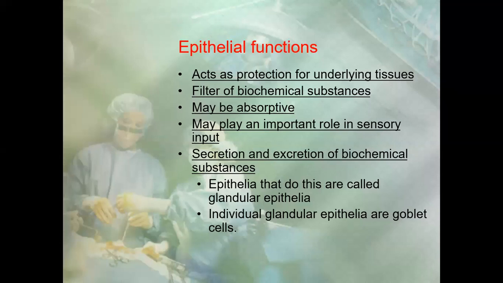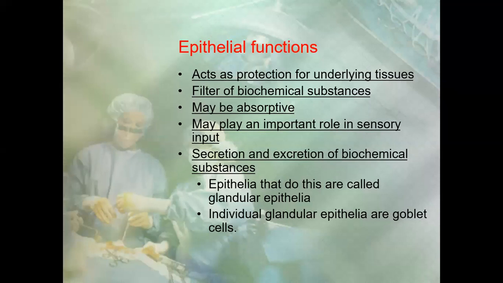Epithelial cells also play a role in sensory. Our skin is very sensitive. It lets us examine our environments, hot, cold. We have pain receptors, pleasure receptors, all of that sending environmental information back to my brain.